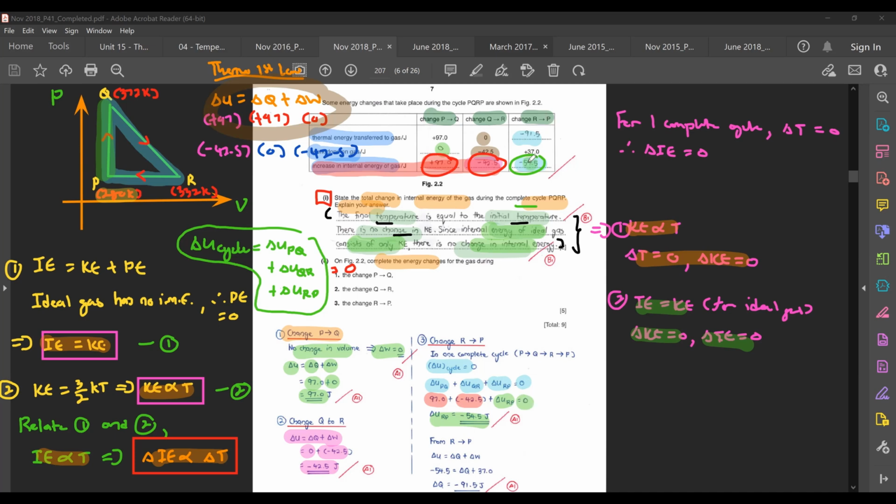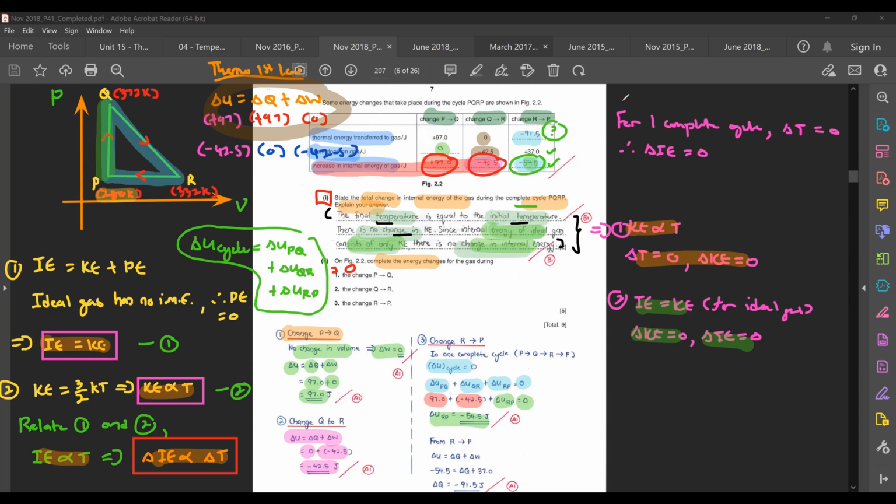So this is how you get the first value in that column. And then after that, now you have these two values, you can now work out what is the last one by applying the thermodynamic first law.